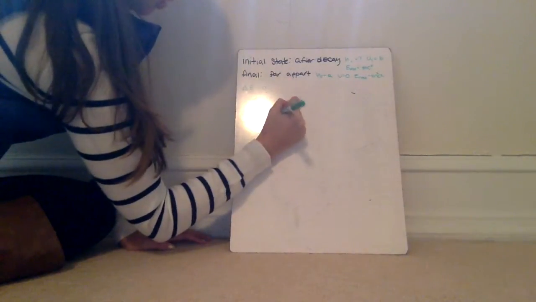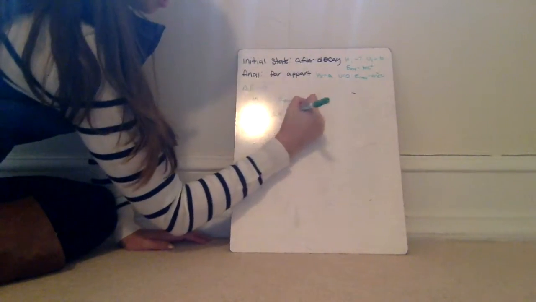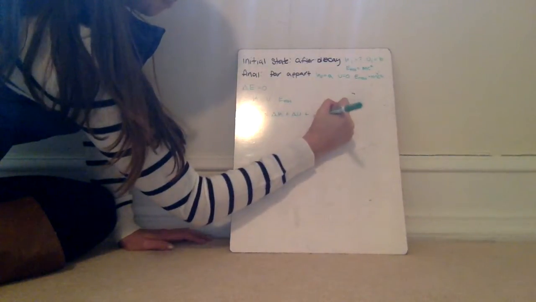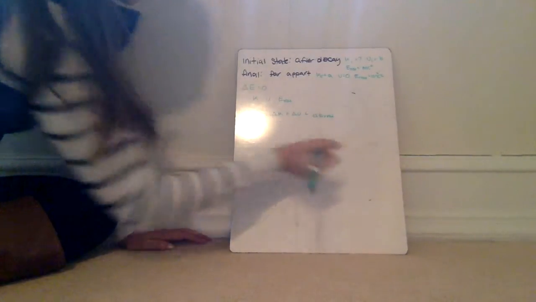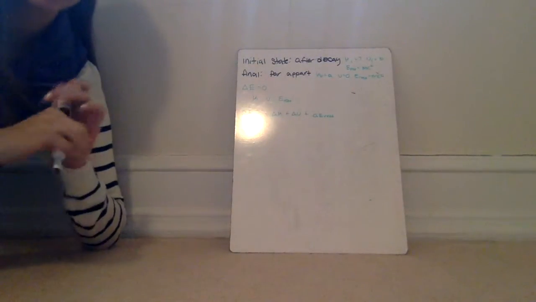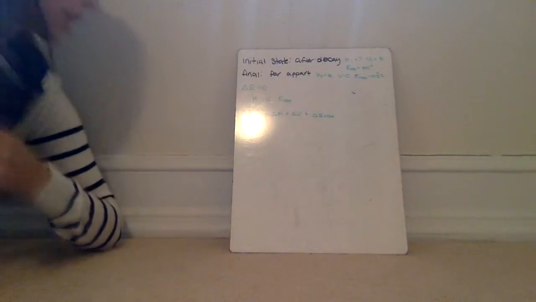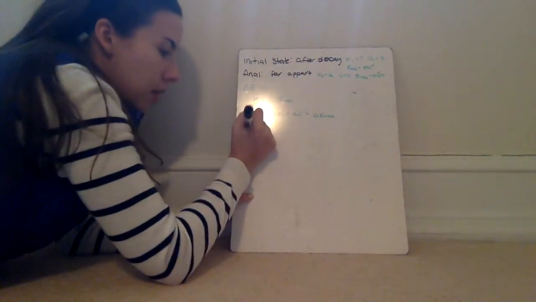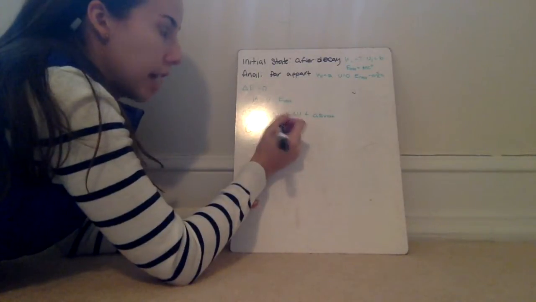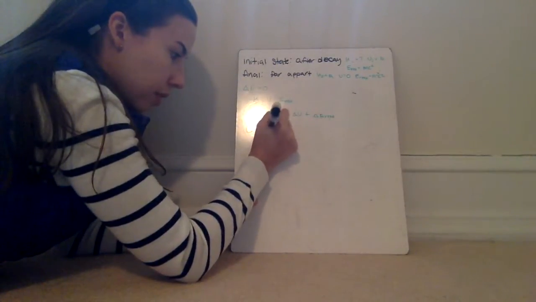The change of energy equals the change of kinetic energy plus the change of potential energy plus the change of rest energy. So 0 equals the change in kinetic energy, K final minus K initial.